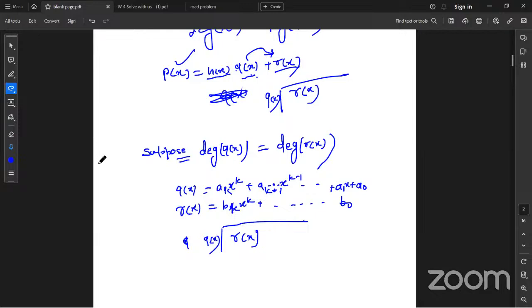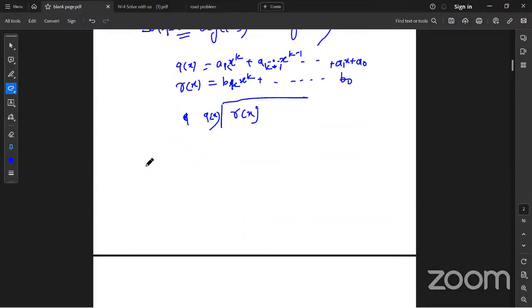Let us divide: you have a_k x raised to the power k up to a_0, divided by b_k x raised to the power k up to b_0. How will you divide? b_k by a_k, right? You will divide like this.